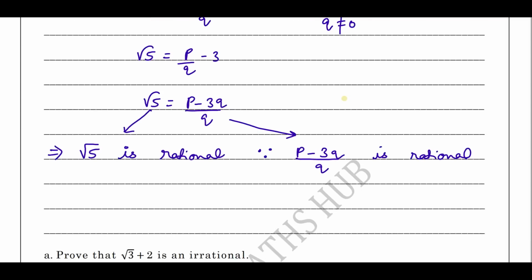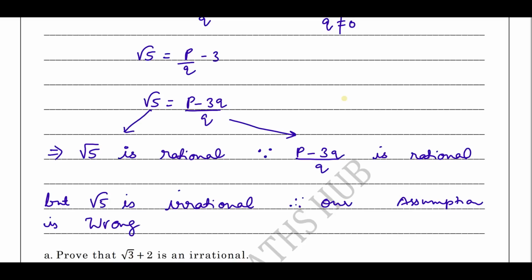But is root 5 rational? No. Root 5 is irrational, right? Root 5 is irrational. Therefore, our assumption is wrong. What we have assumed initially is wrong. Therefore, 3 plus root 5 is an irrational number.